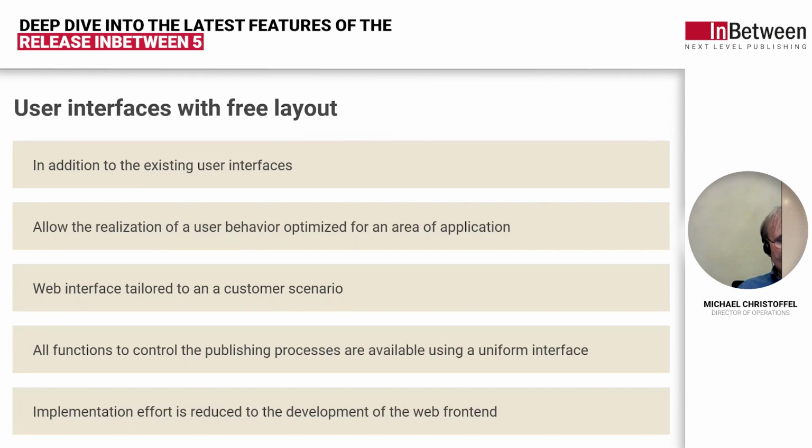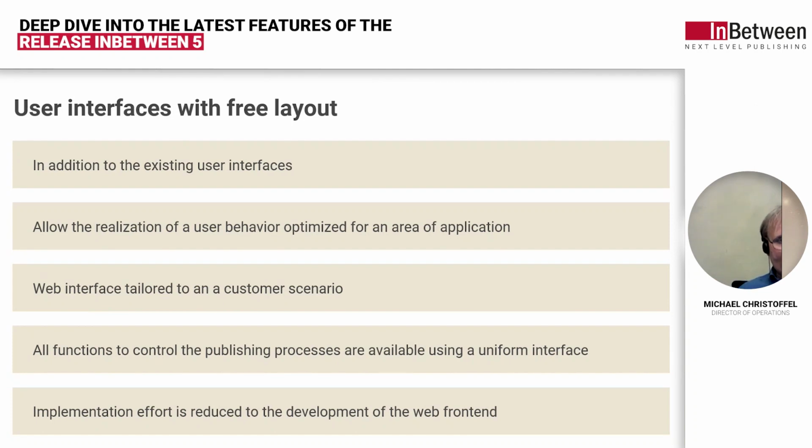This means, in addition to the existing user interface, we can realize the user behavior intended for the customer, especially for one special application, tailored in a web application by using all the central functions. As I have just told before, we have a service-oriented architecture, and all the services are in the server.